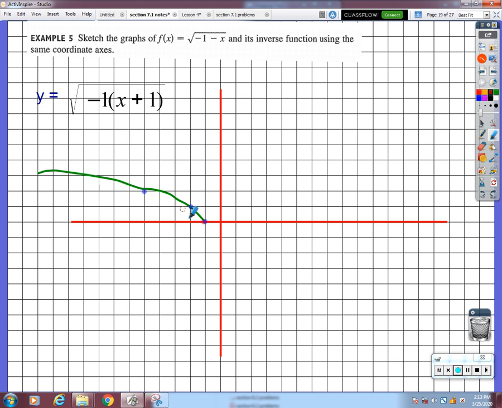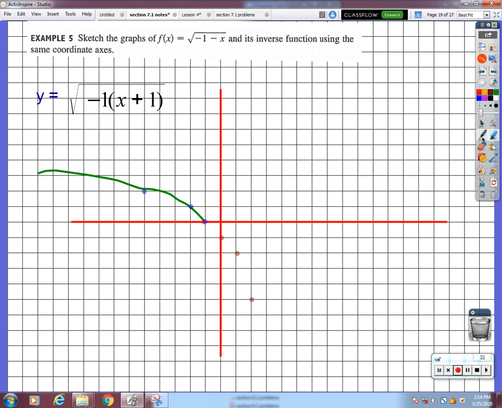All I need to do is flip the x's and the y's on these points. So instead of being at -1, 0, I'm going to be at 0, -1. Instead of being -2, 1, I'm going to go to 1, -2, and now you can kind of see the graph taking shape, hopefully. And instead of being at -5, 2, I'm going to go to 2, -5.